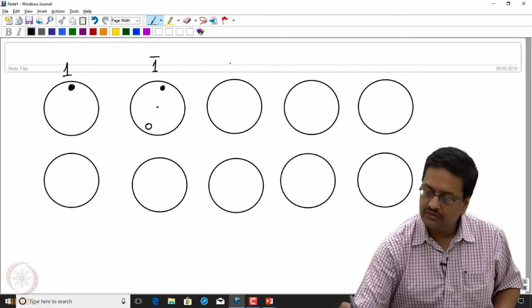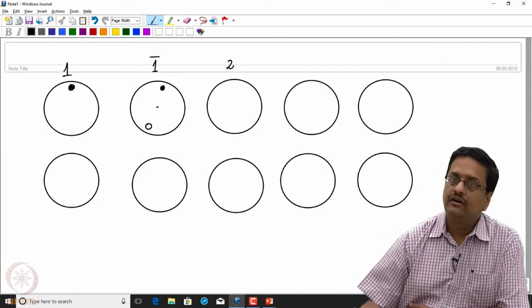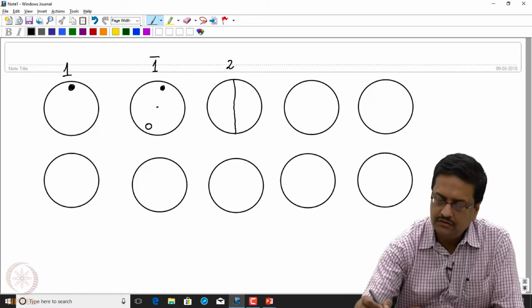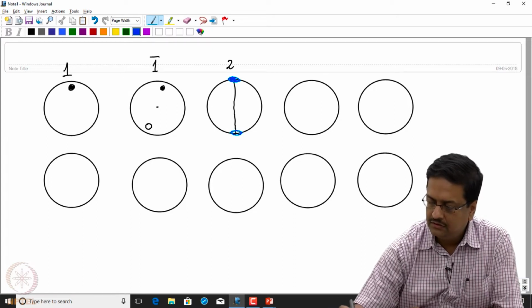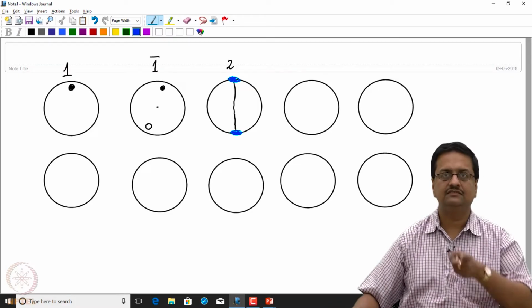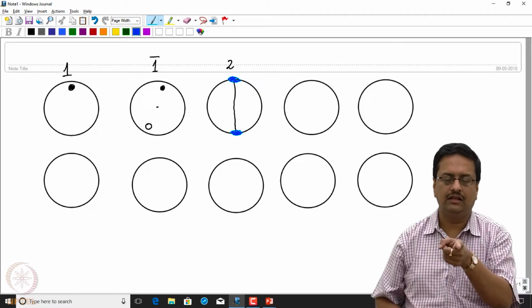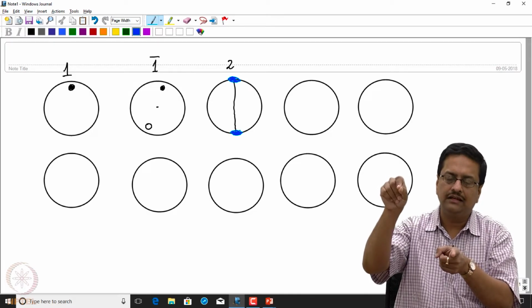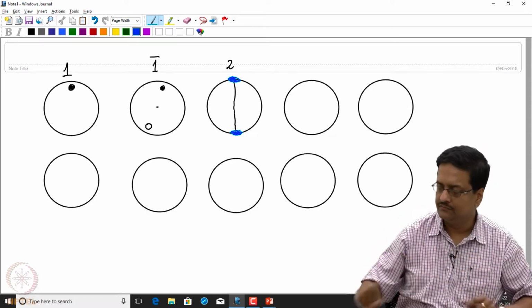The next one that we would like to see is 2. There are two different ways one can draw a twofold. If the twofold is in the plane of the equator, the equatorial plane, then if this is a sphere and a twofold goes from front to back, the object which is here gets rotated by this twofold and comes to the lower hemisphere on the other side.